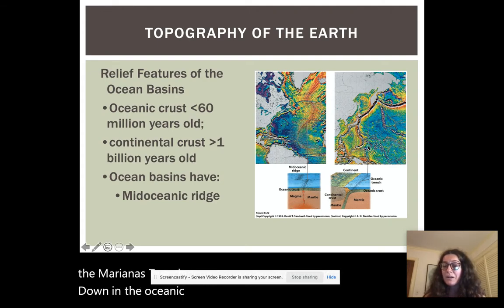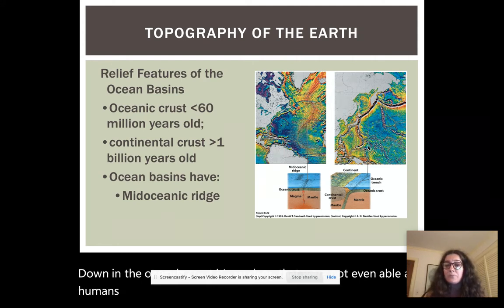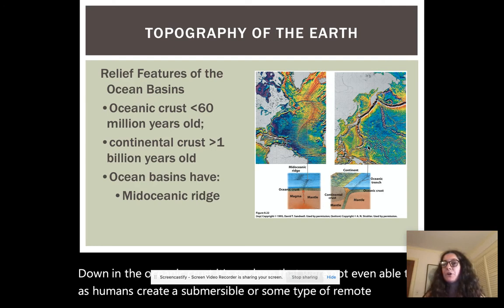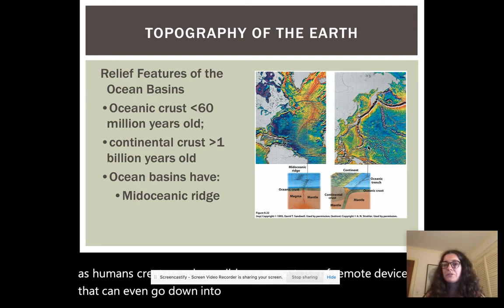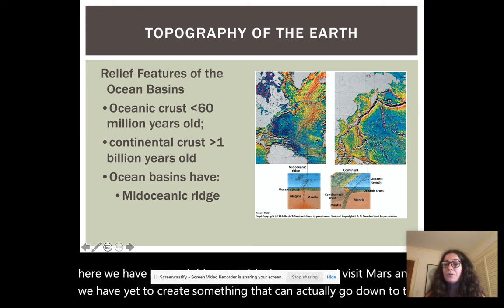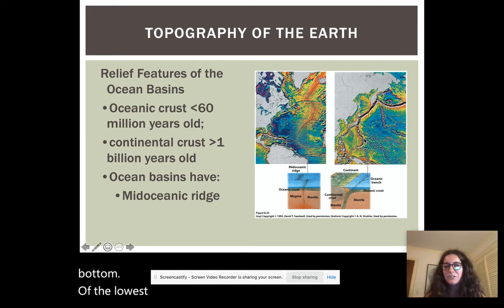It's so deep that we're not even able, as humans, to create a submersible or some type of remote device that can go down into its depths. So we have created things to visit the moon and Mars, and we have yet to create something that can go down to the bottom of the lowest trench in our own oceans.